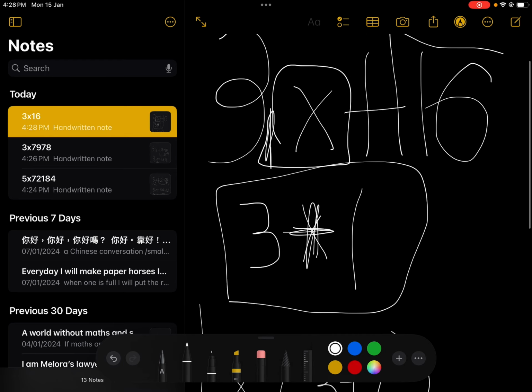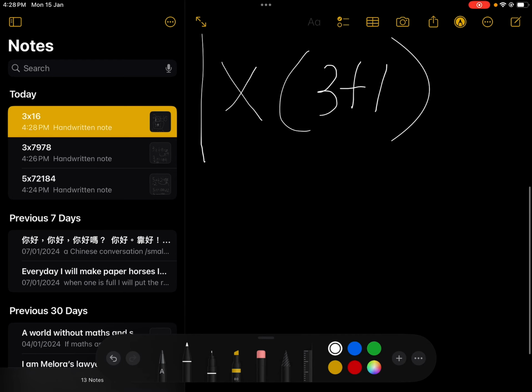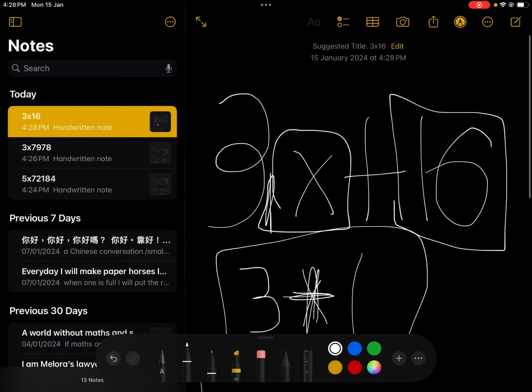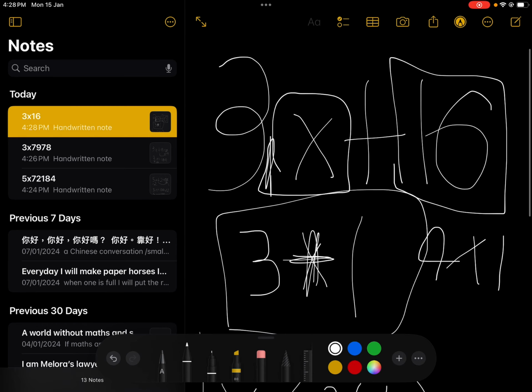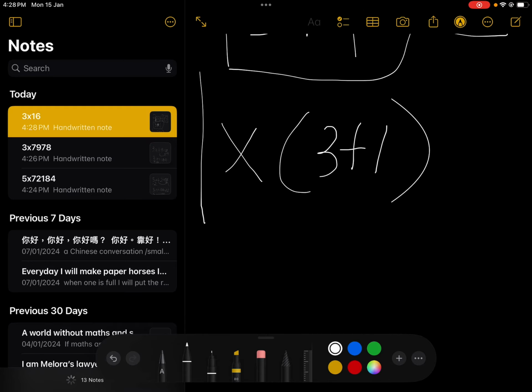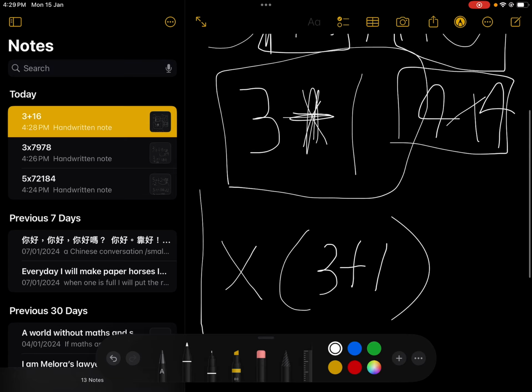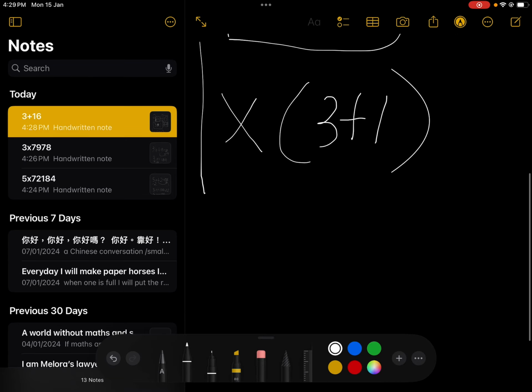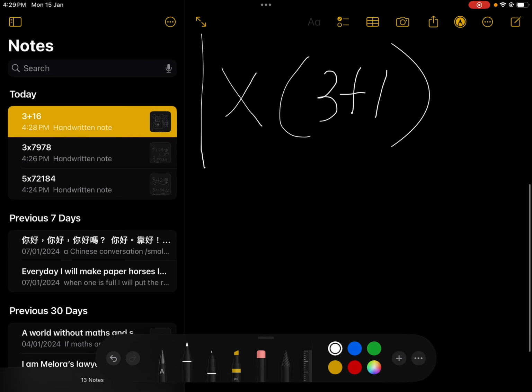Then now the 16. The 16, its factors are 4 times 4, right? As 4 times 4 is 16. So we're going to write... now we don't need to add anything because we already have a distributor here.